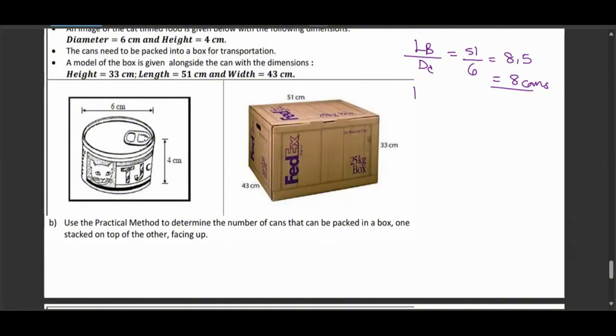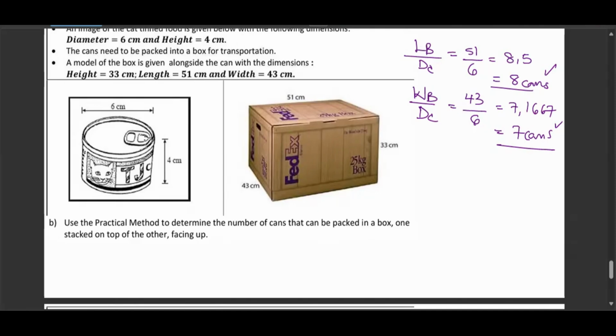What about on the short side? That means the width of the box divided by the diameter of the can: 43 divided by 6, you get 7.16667 recurring. Round down, this becomes 7. So on the long side we have 8, on the short side we have 7.